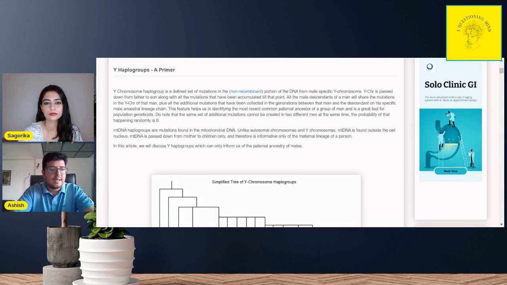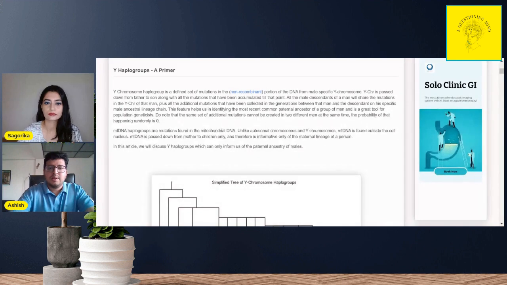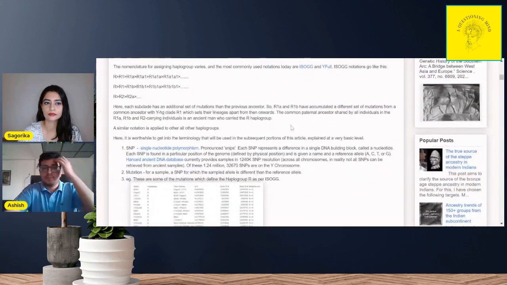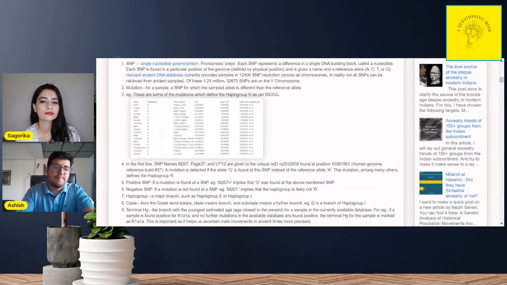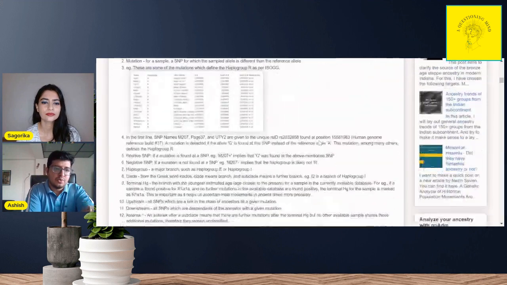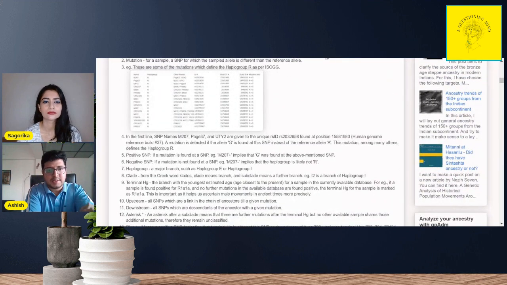Now, R1A L657, which is basically a cousin of these Z2124 guys, is only present in India and South Asia. It's not present in any of the ancient samples of the steppe from 3015 to 200 BCE. It's not present at all.